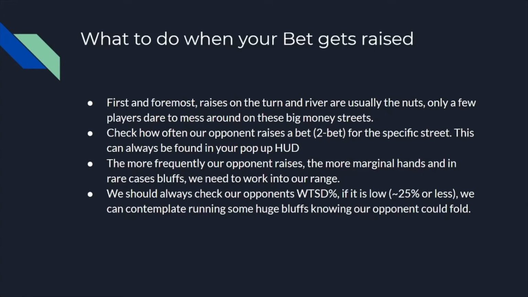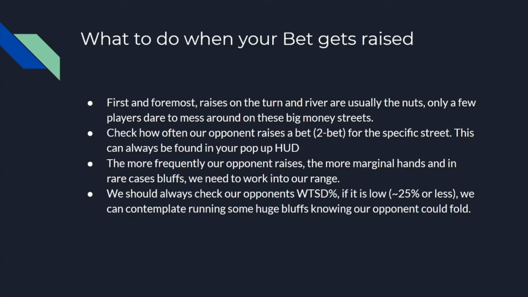But again, we're going to need a pretty big sample size to know for sure that our opponent is running big bluffs against us. So we should always check our opponent's went to showdown value as well at this point. Again, if it's low, 25% or less, 20% or less, we can definitely start to contemplate running some huge bluffs if the pot isn't already super large by the time they make their first raise.